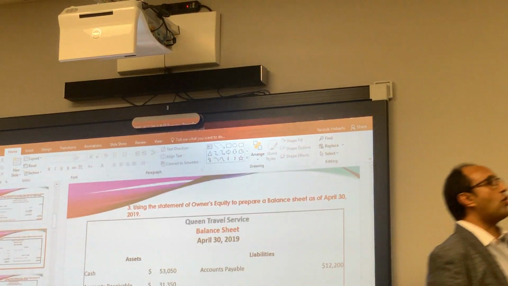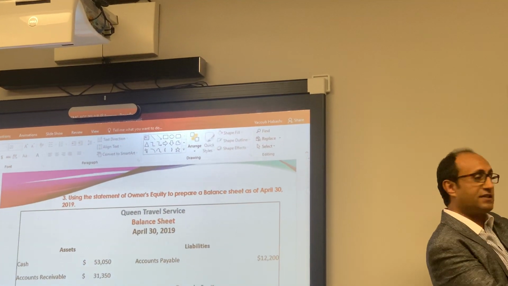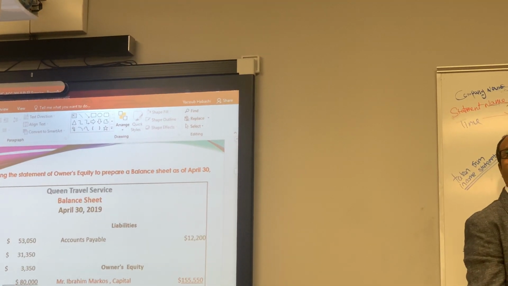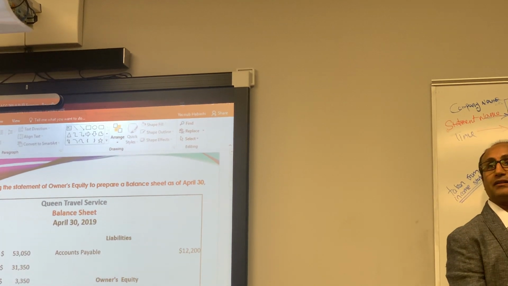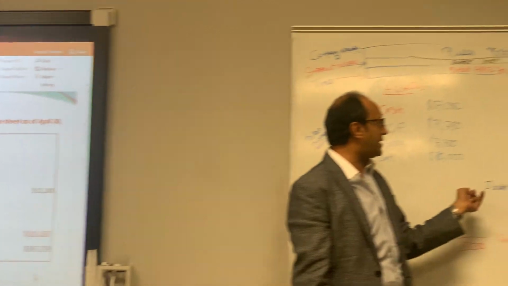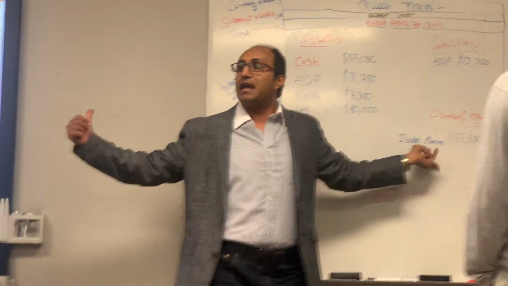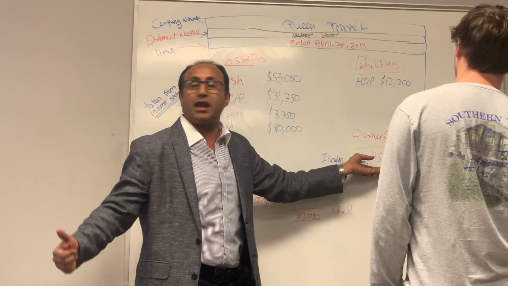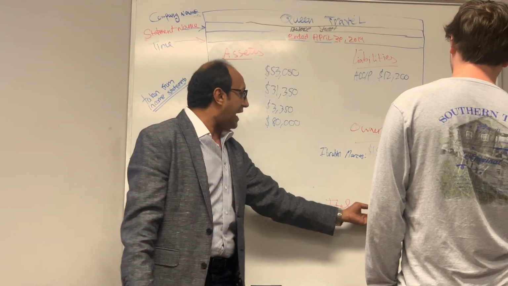So we take all the assets under the assets section on the left side, and on the right side the liabilities section, we put account payable, and owner equity, the capital for Mr. Ibrahim Morris, taken from the owner equity statement, $155,550.